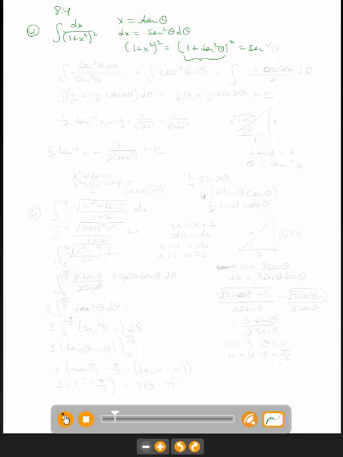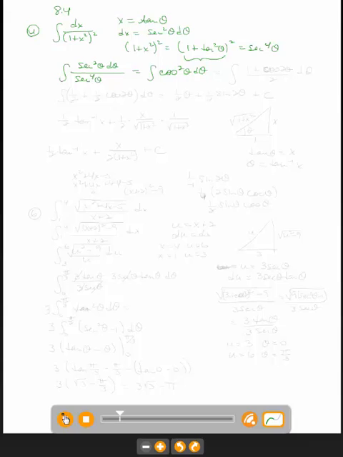So this turns into secant to the 4th of theta. If I substitute in, my dx is secant squared of theta d theta. That whole mess on the bottom turned into secant to the 4th of theta, which then reduces to 1 over secant squared, turning into cosine squared.